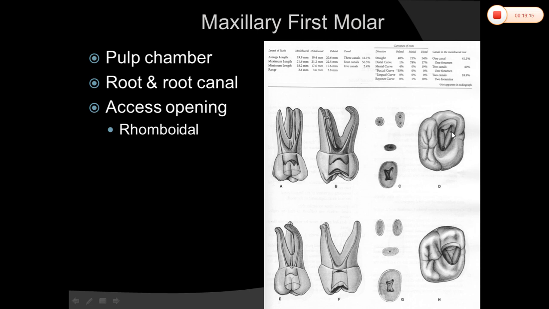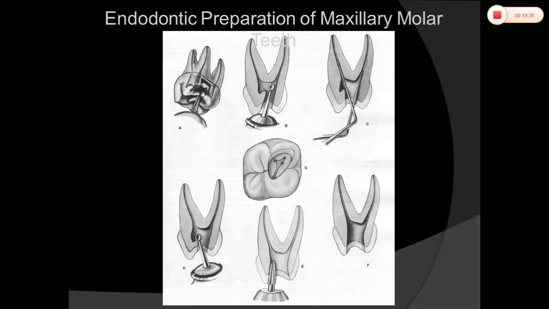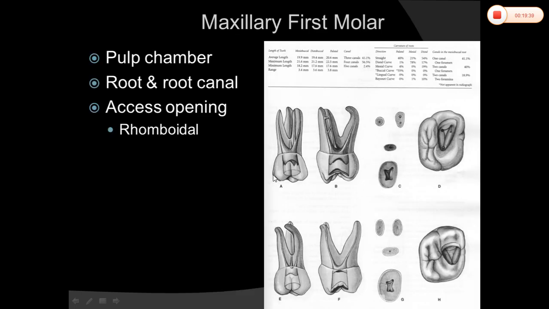The MB2 canal is located palatal and mesial to the MB1. Connecting the three orifices, that is mesobuccal, distobuccal and palatal, forms a triangle. You can see a triangle here. It's called the molar triangle. Here also you can appreciate this triangle. So this is the molar triangle.